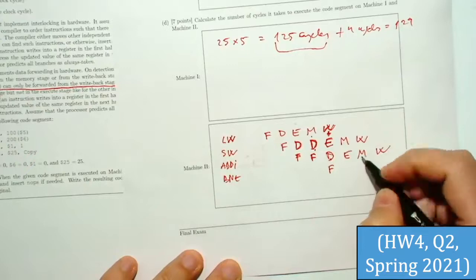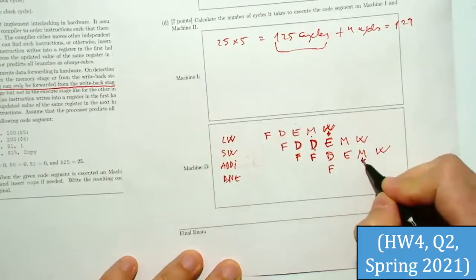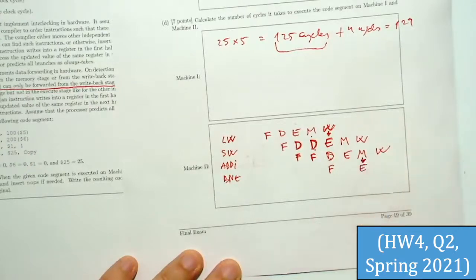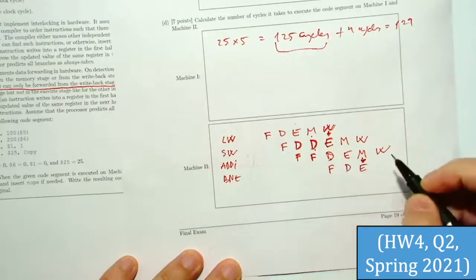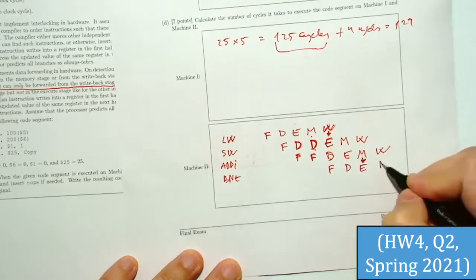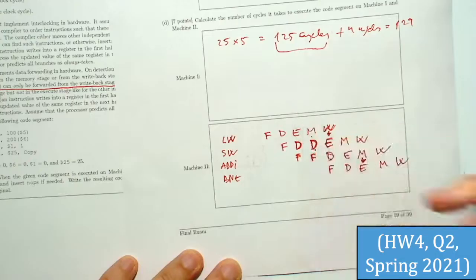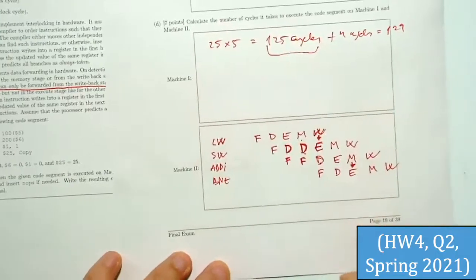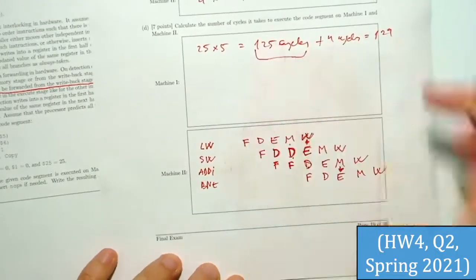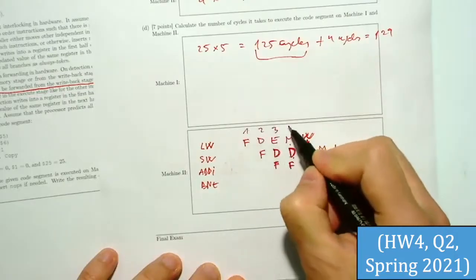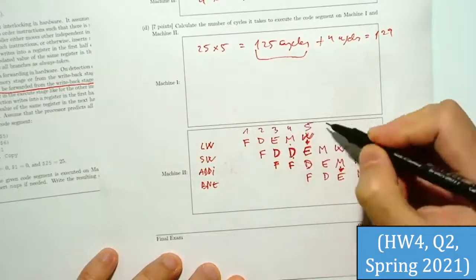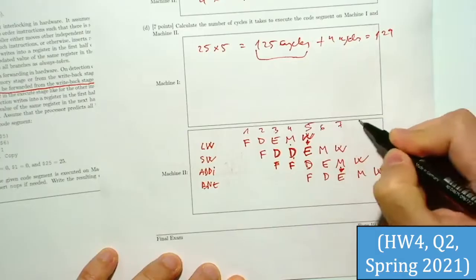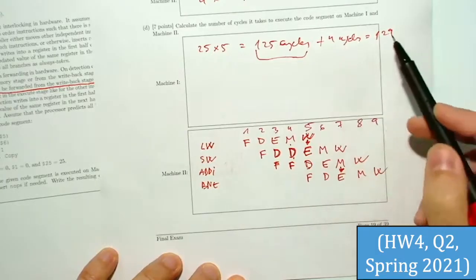So here we can forward data from here to the execution stage, right? So we don't need to wait in this case. So the question is asking for the number of cycles. We have 1, 2, 3, 4, 5, 6, 7, 8, 9 cycles.